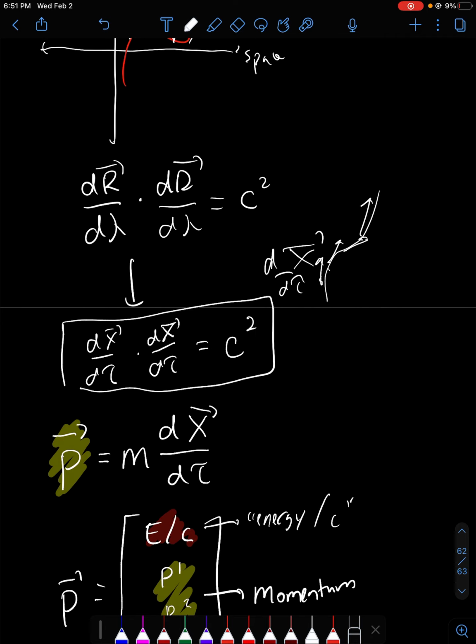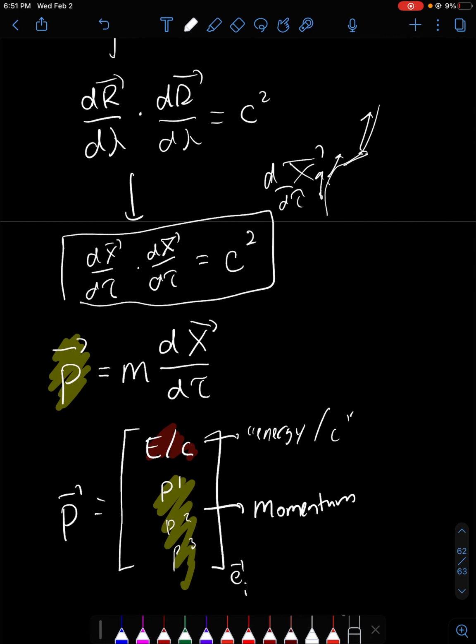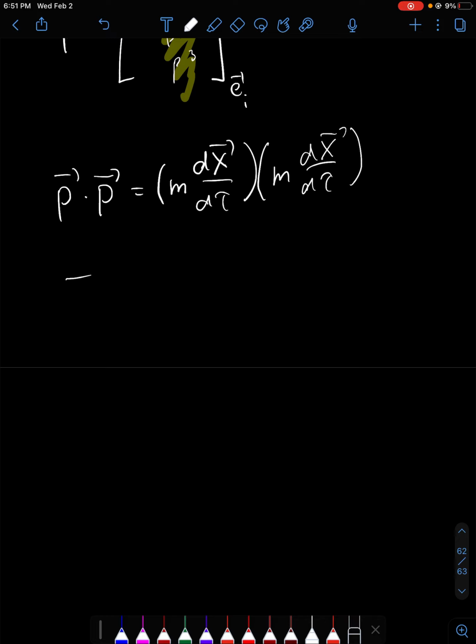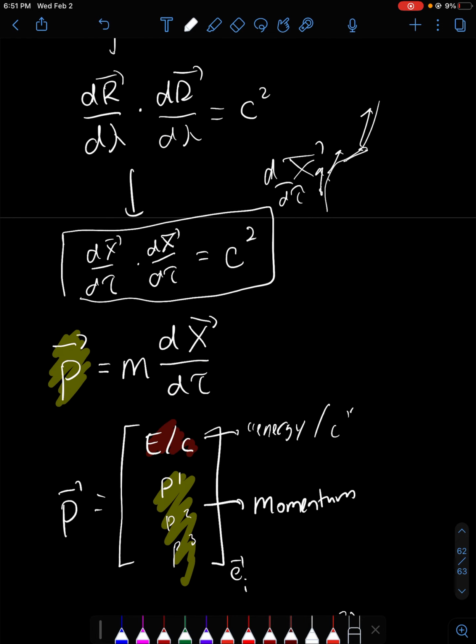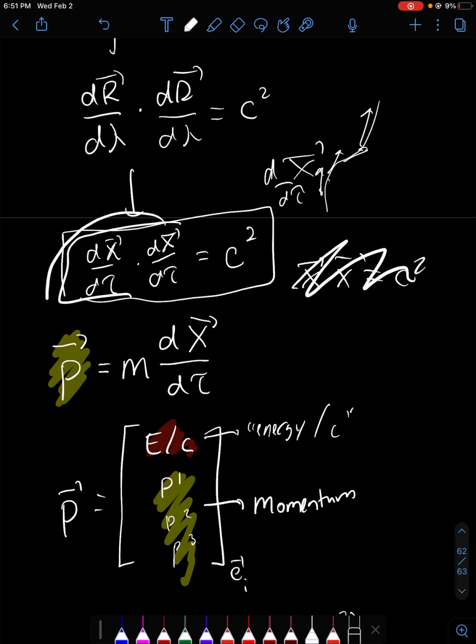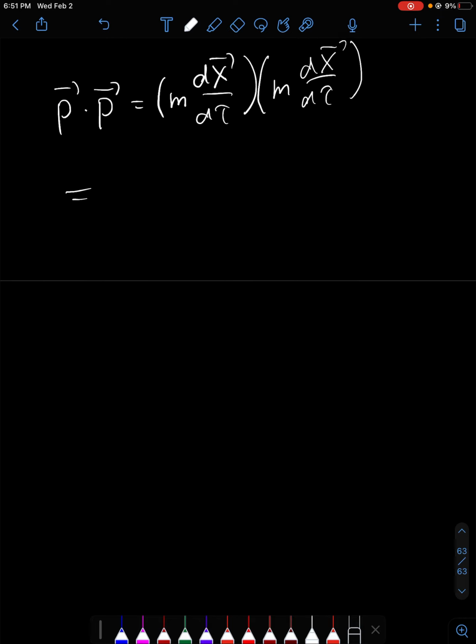Okay, so anyway, again, it should be the dot product of the x vector over d tau with itself. It's not x dot x equals c squared. I meant to write this over here: dx over d tau dot with dx over d tau.